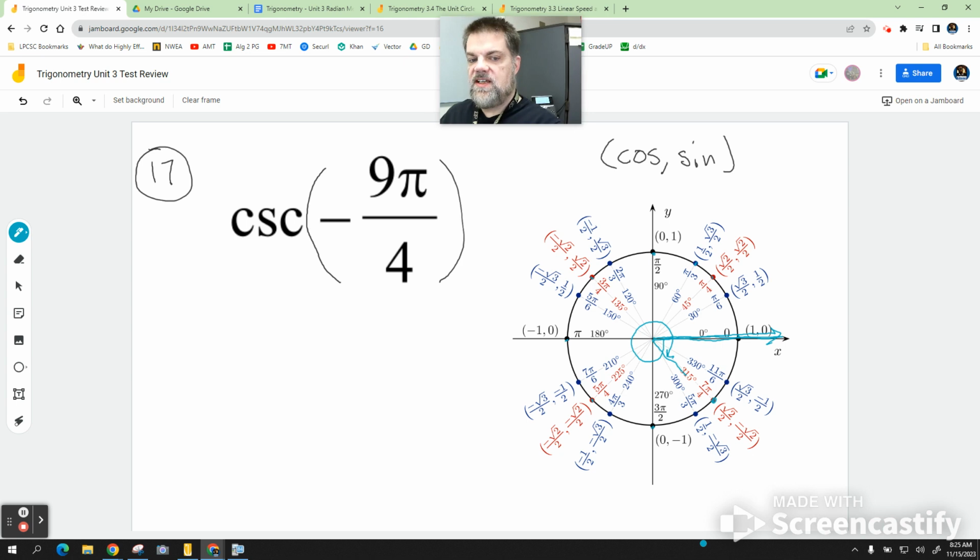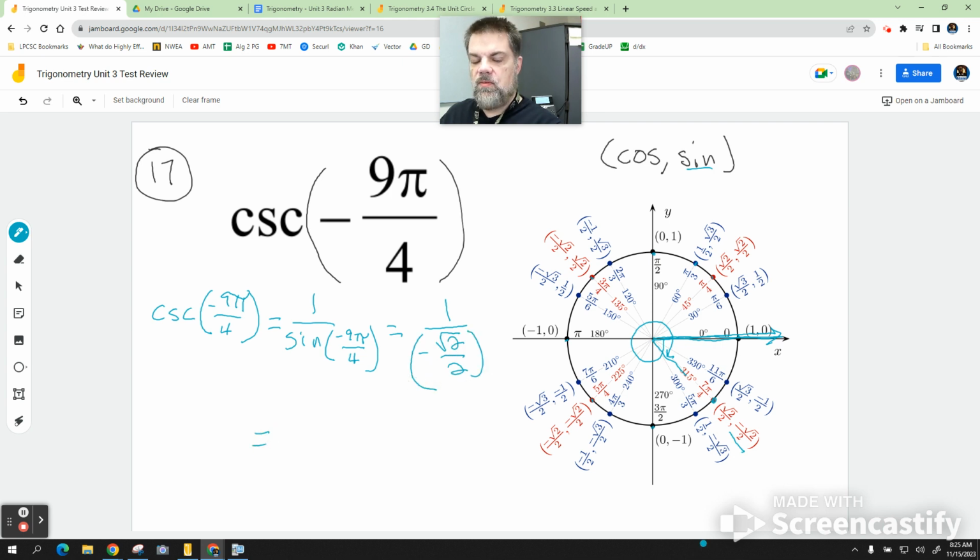Now, cosecant is the reciprocal of sine. So in other words, cosecant of negative 9 pi over 4 is equal to 1 over sine of negative 9 pi over 4, which is equal to 1 over, now remember sine is the y value, negative root 2 over 2.